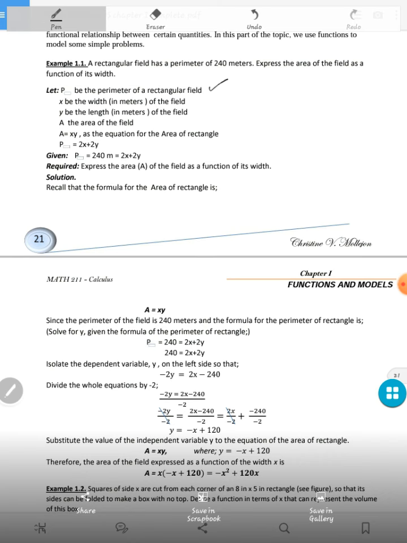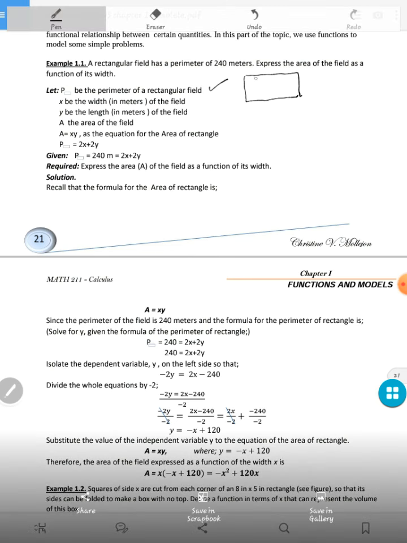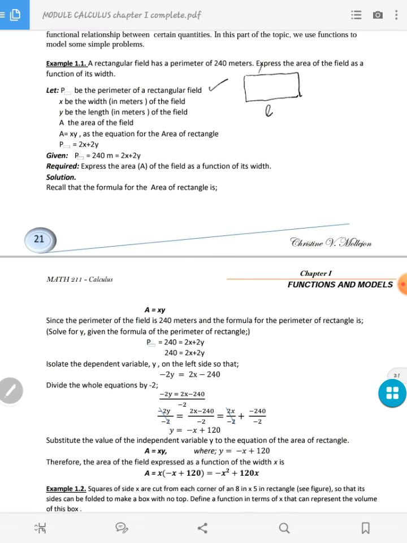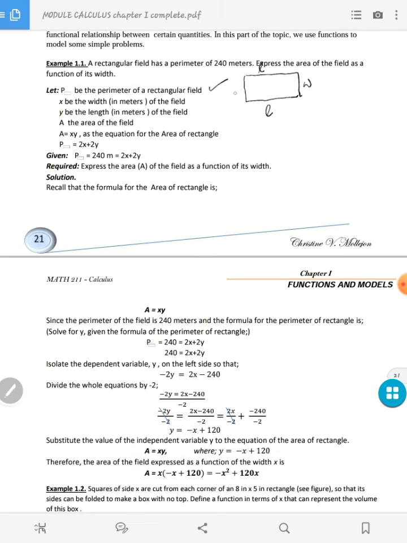If we draw the rectangular field, we have this one. We have two horizontal lines, equal sides. We will express these two parallel horizontal lines as our length, and the two vertical lines we will express as our width.